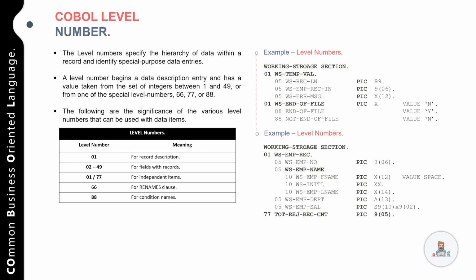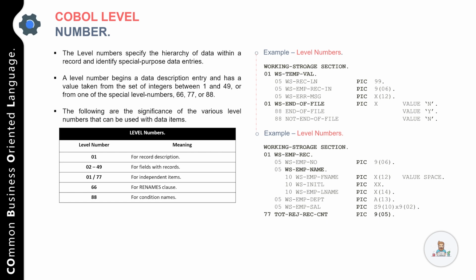The first one is the record length variable, which is defined with a picture clause, that is PIC 99, that is numeric. Similarly, you have ws-emp-rec-in, and thereafter you have ws-error-message. And the second variable is a group variable that is used to define condition names, that is ws-end-of-file, and at level 88 we have defined two variables.